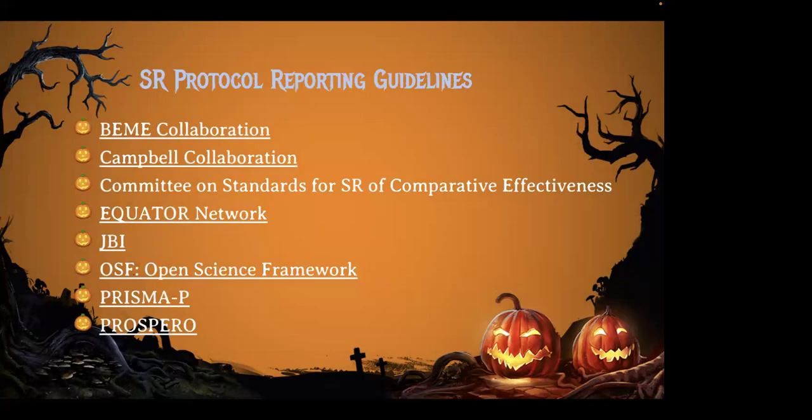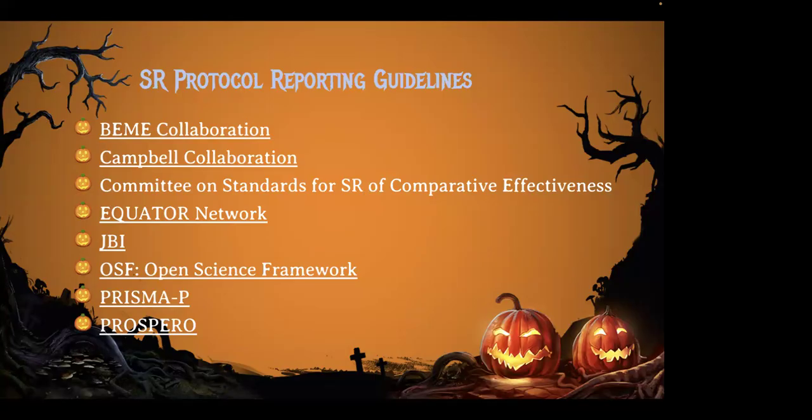So like you have templates for conducting systematic reviews, there's also plenty of protocol reporting guidelines. So you have the BEME, I can't remember what this is, like Best Evidence Medical Education collaboration, something like that. Campbell Collaboration has templates for protocols.